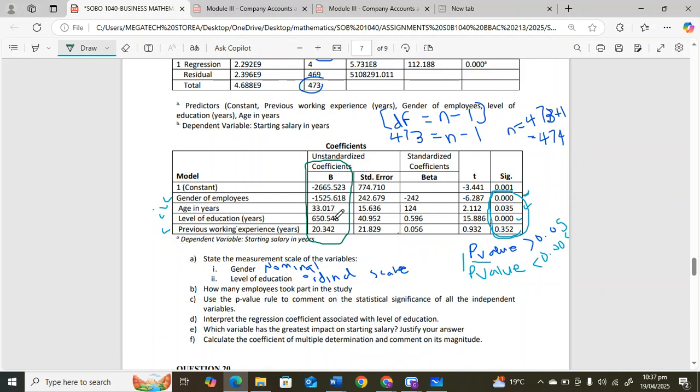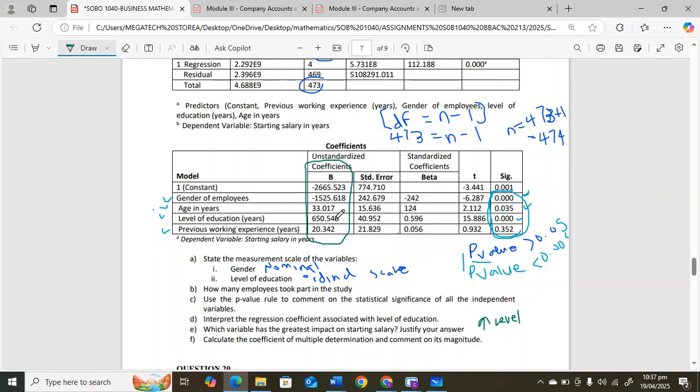So what this means, if you increase your level of education by 1 year, your salary will increase by 650.548.